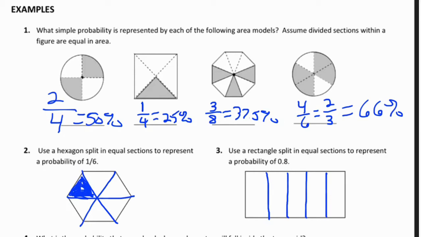Now 4/5 would represent 80%, so I need to color 4 pieces of these to represent 0.8 or 80%. There goes 1, 2, 3, and 4. So that's 4 out of 5 pieces representing 80%.